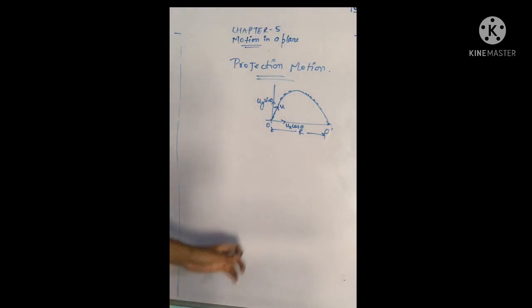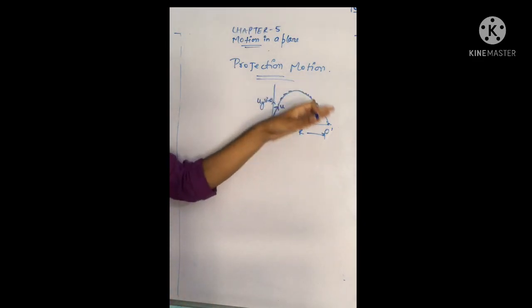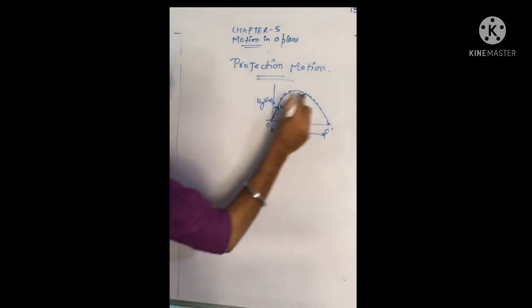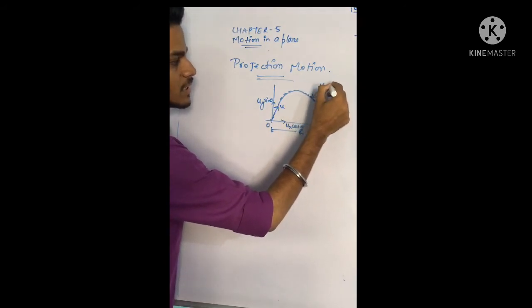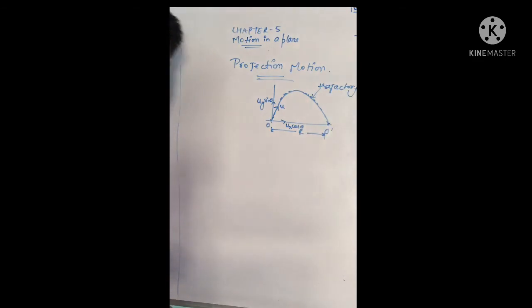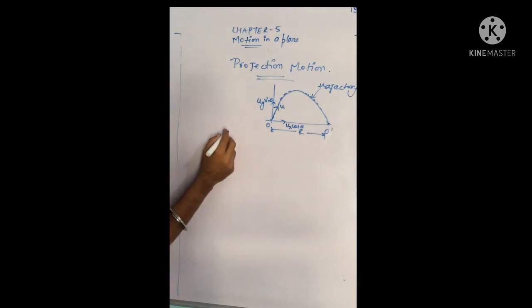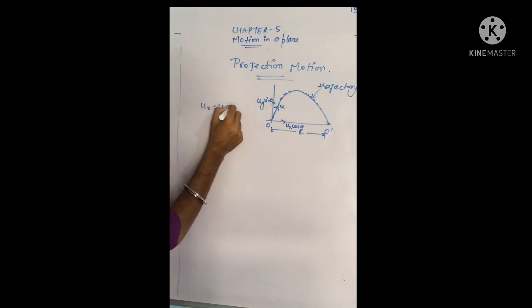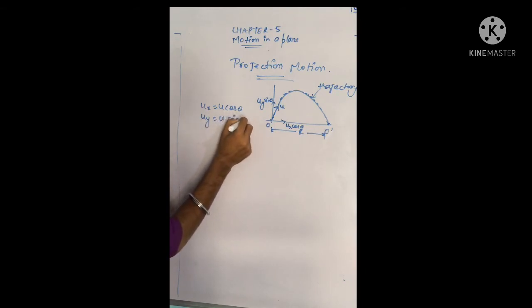If a body is moving in such a way that at the final point the velocity will be 0, then the motion is called projectile motion, and the path which it travels is called the trajectory. Now we got ux is equal to u cos theta, and uy is equal to u sin theta, in the x-axis and y-axis.